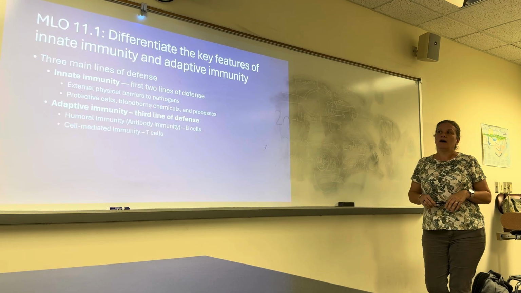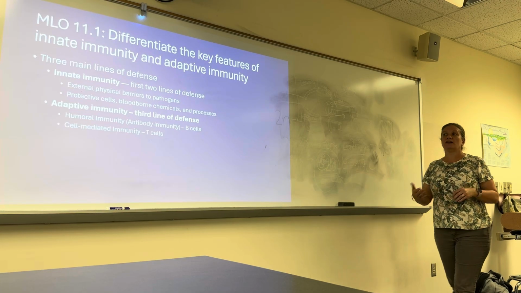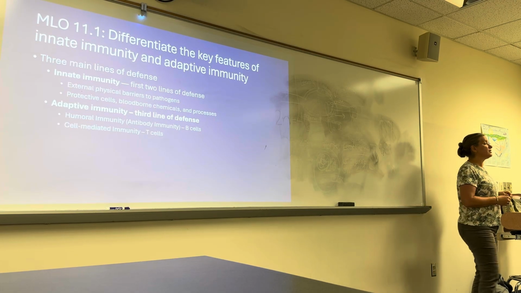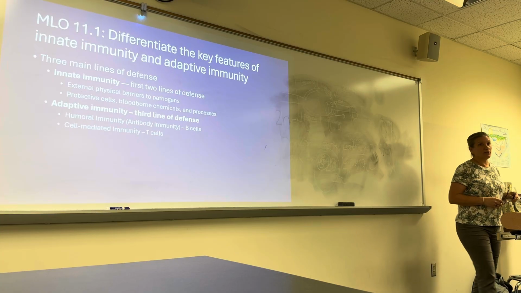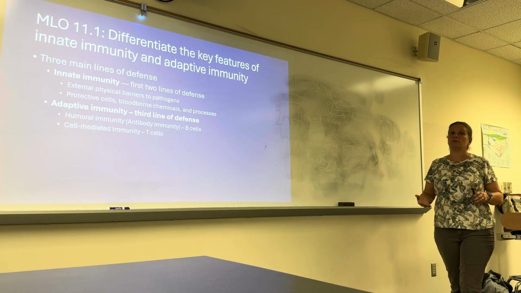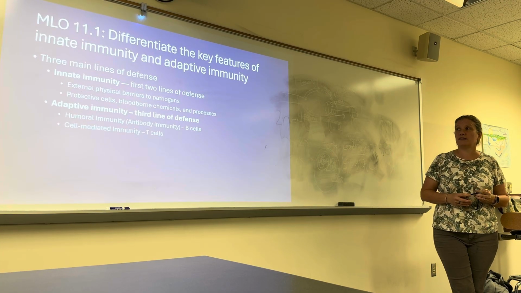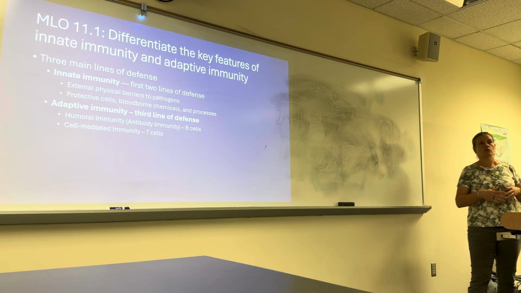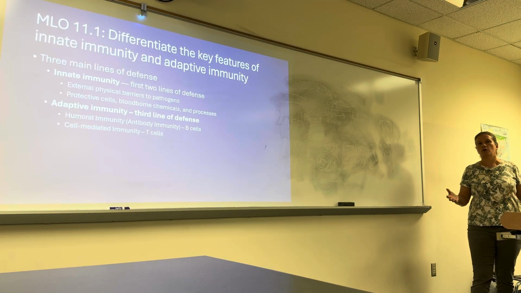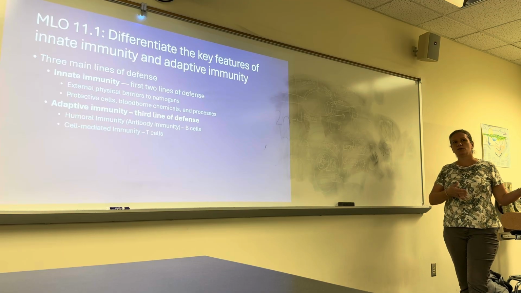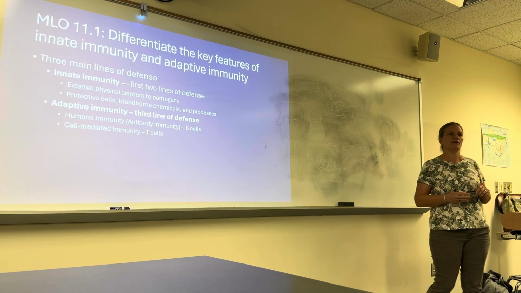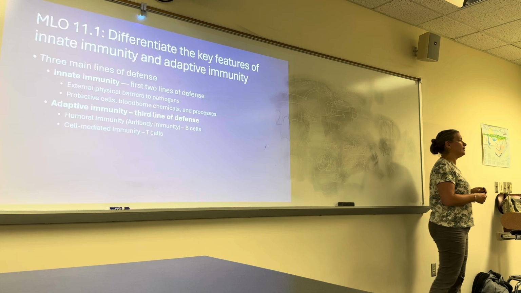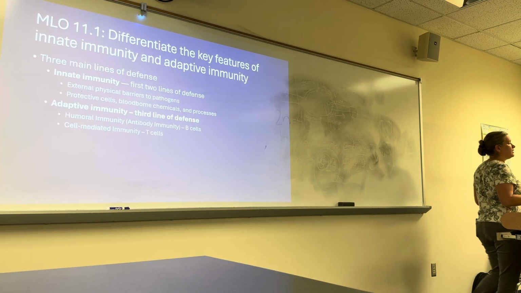And then for the second line of defense, these pathogens have gained entry. What do we have put into place? We have cells that are going to be involved in the process of that second line of defense. We're going to have bloodborne chemicals and a general process that involves the combination of those cells and the chemicals in that second line of defense, working in a manner to eliminate this pathogen.